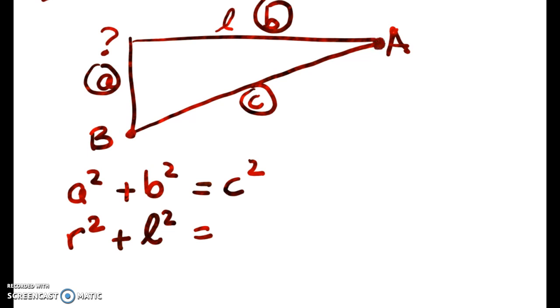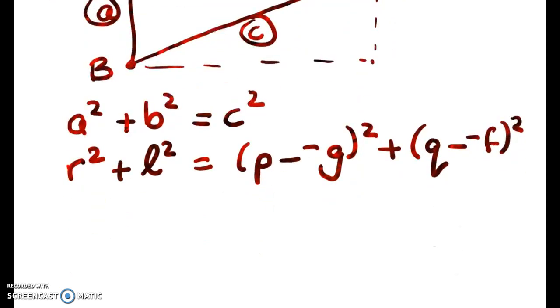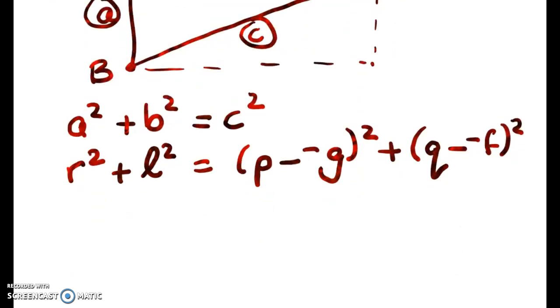But C squared is easy to get because we know the coordinates of those two. And it's going to be P, point P minus negative G squared plus Q minus negative F squared. So we're just doing Pythagoras between those two points.